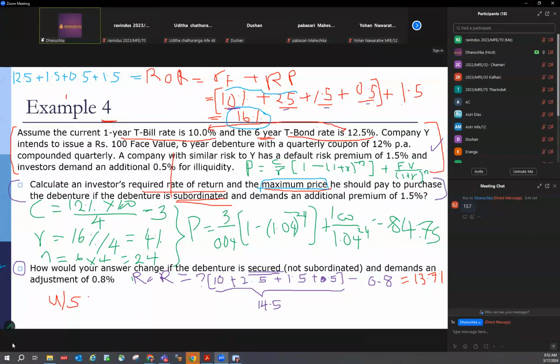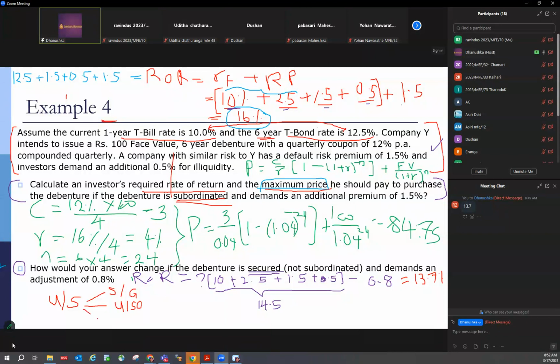So things that will reduce your required rate of return, meaning you will be okay to accept a lower return, are if the debenture, for example, is secured, or if it is guaranteed, because this reduces the riskiness of the debenture. Things that keep the return the same: unsecured and unsubordinated, remember we said they rank the same.